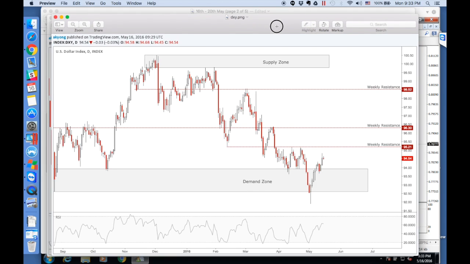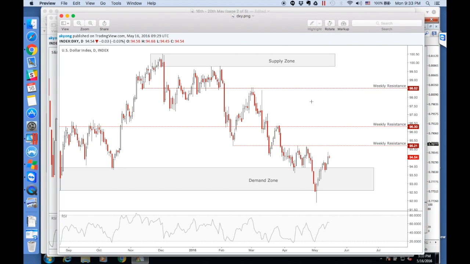So during the workshop, we also share with you how you can monitor correlated markets. Dollar index is tied to almost every currency pair that deals with dollar. You can see overall it's still going down. If you are buying dollar, you want to see what potential resistance you're going to face when dollar index goes up.